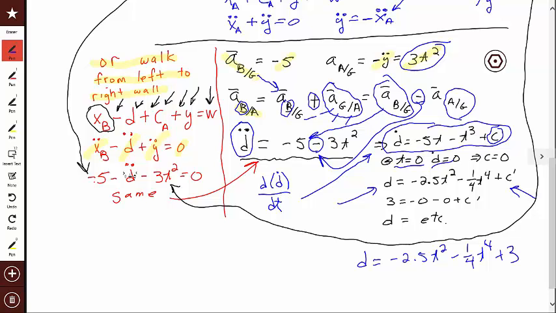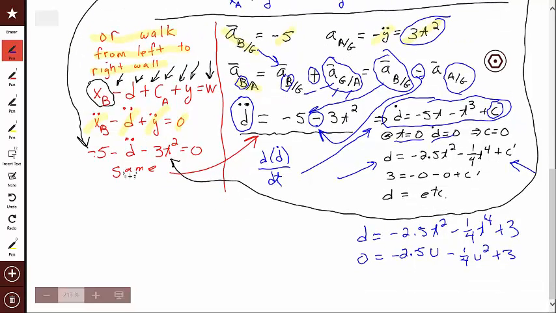And then what you want to do is find the time when D is equal to 0, so you just put in a 0 here and solve for t. The easiest way to do that, besides using Mathematica, would be to put in u instead of t squared, giving minus 1/4 u squared plus 3, and that's a quadratic, so you can use the quadratic formula to get u.